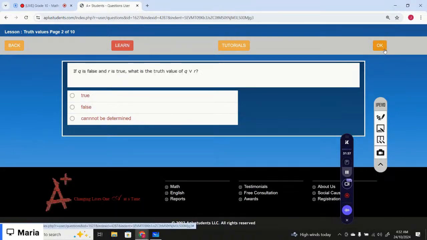If Q is false, R is true, what is the truth value of Q or R? That is or. If one of them is true, the answer is true.